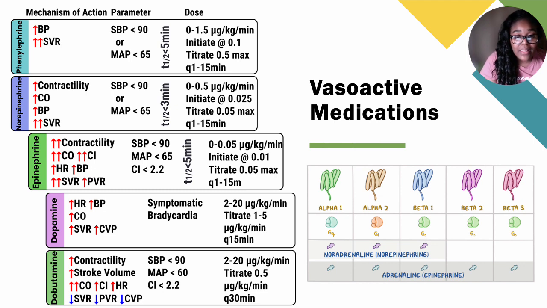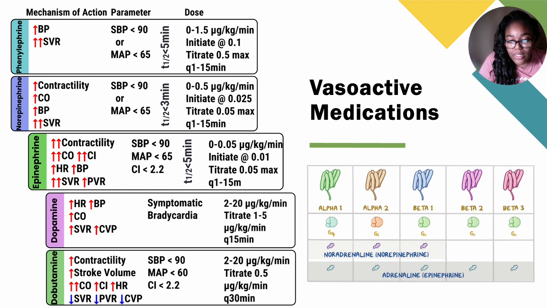So take a look at this slide and note the receptor types and where they act. Norepinephrine, or noradrenaline, works on your alpha 1, alpha 2, and also beta 1.